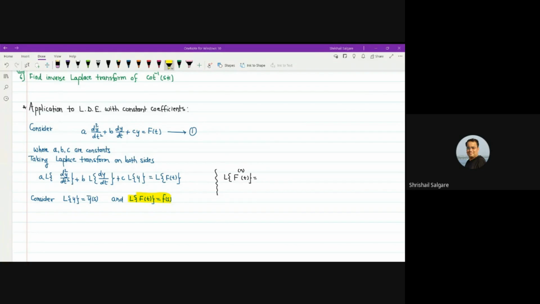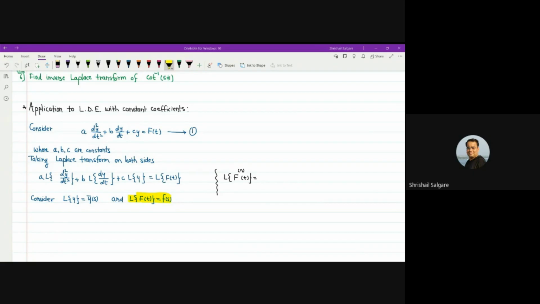Anyone, Sakshi? N factorial upon s raised to n plus 1.